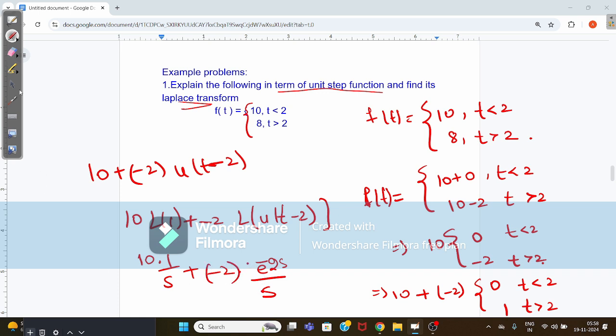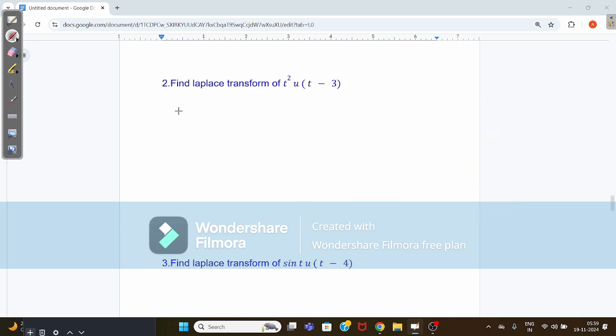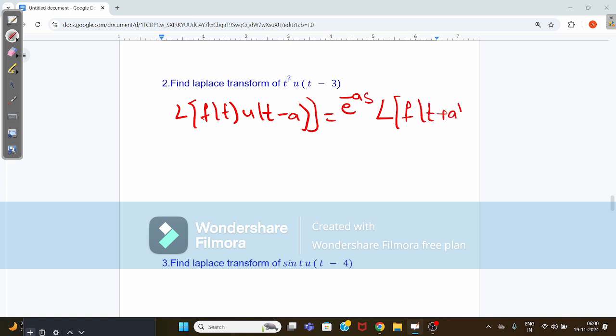So this can be written as 10 by s minus 2 e power minus 2s by s, which is the required answer. This is in the formula L of f of t into u of t minus a is equal to e power minus as into L of f of t plus a.